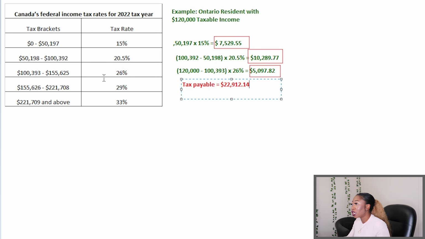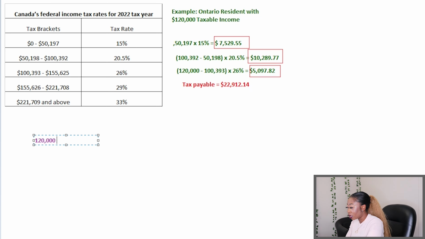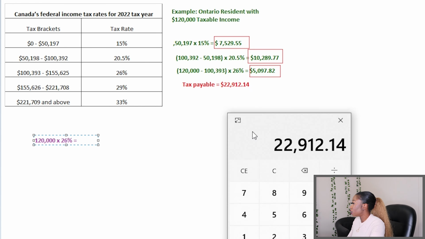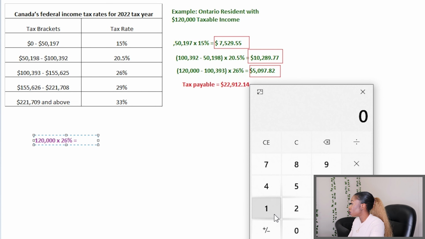So what most people would think is that since this person is earning $120,000, they will be taxed at 26%, and that would be giving you an incorrect amount. So let's say you're charging taxes at 120,000, sorry, I made that mistake, multiplied by 26%, and this is what most people think this calculation is.